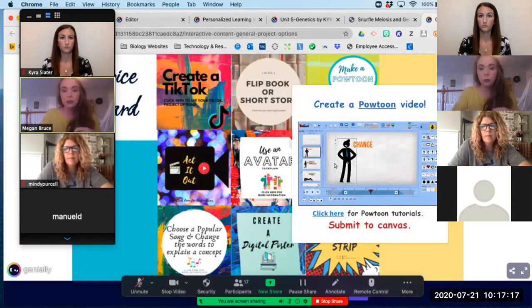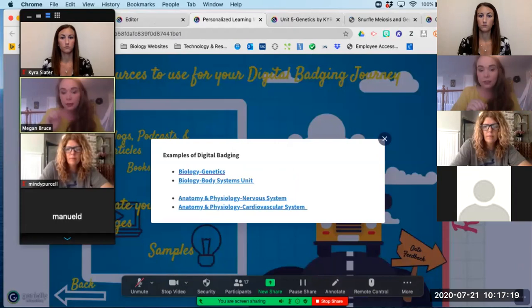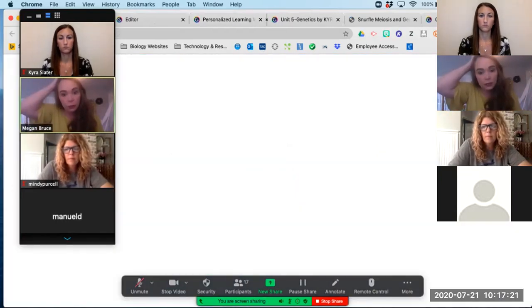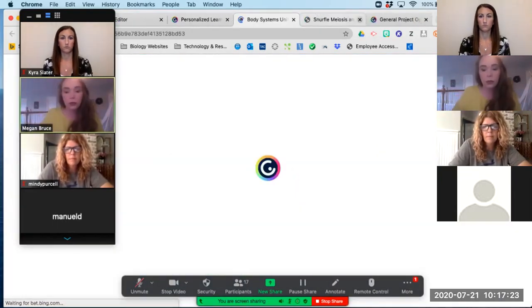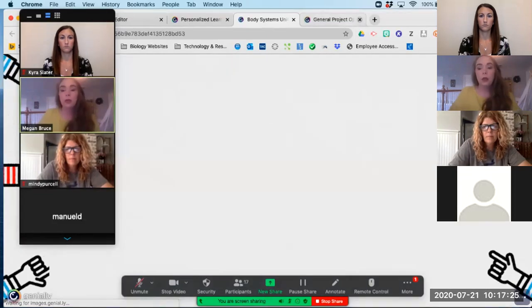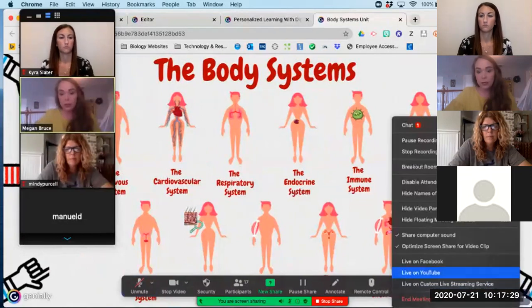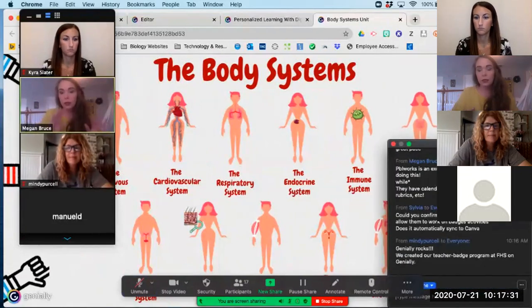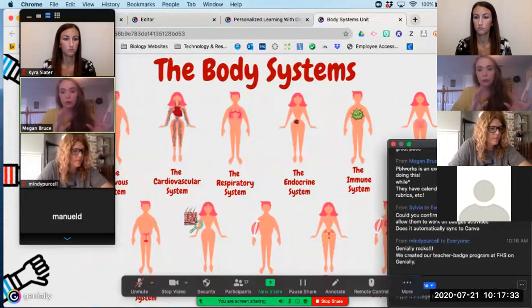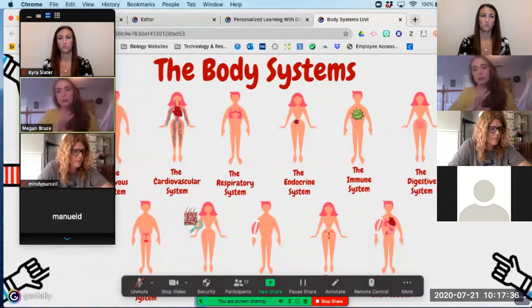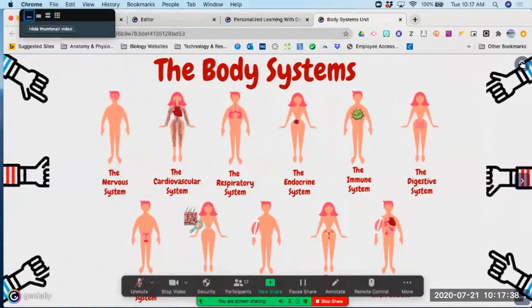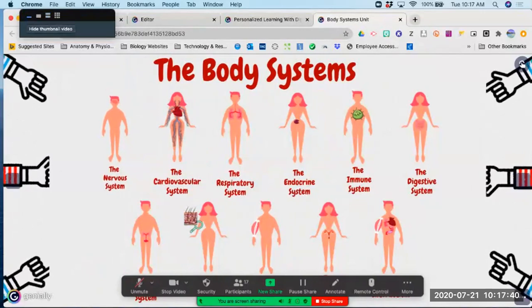That one's the body systems one that we're going to show you in a second, and that one's actually my favorite that I use as an example with anyone I'm talking to about this. Our campus has a badge program, Lone Star does, and we kind of took that as our base, and then we started making them for individual classes.